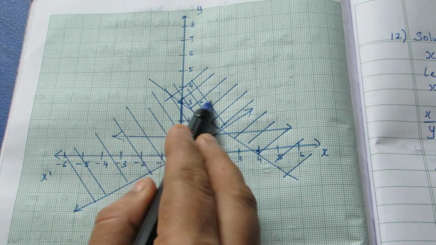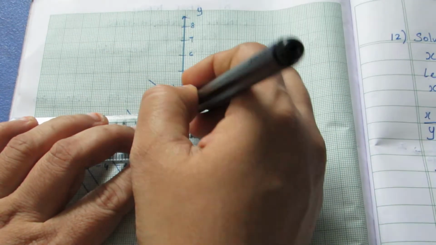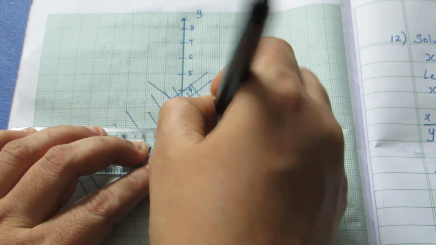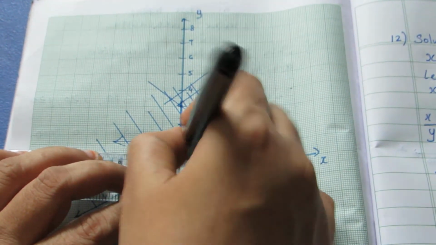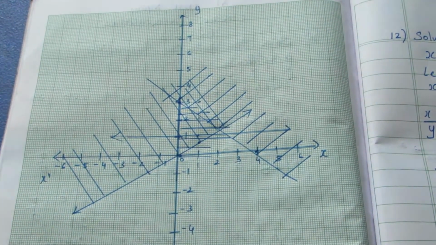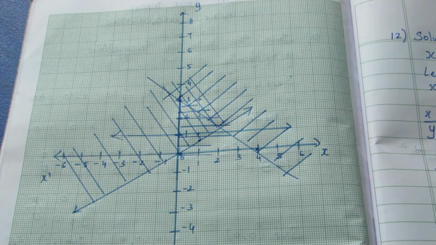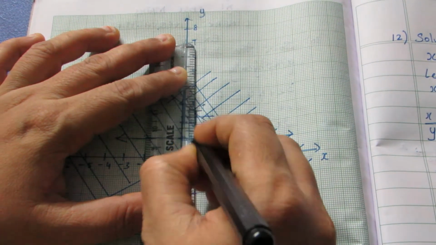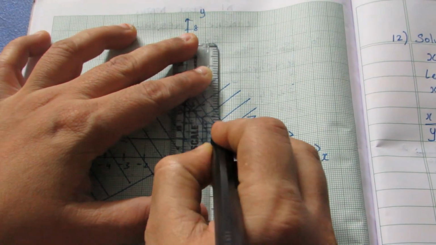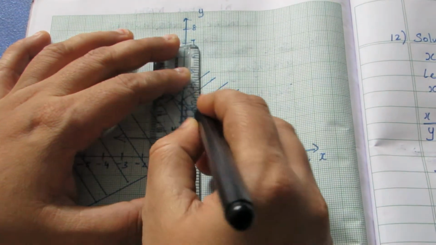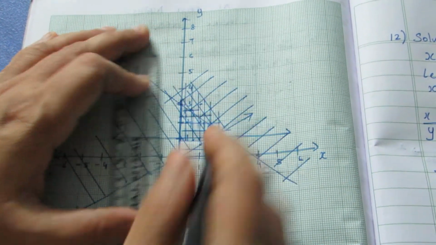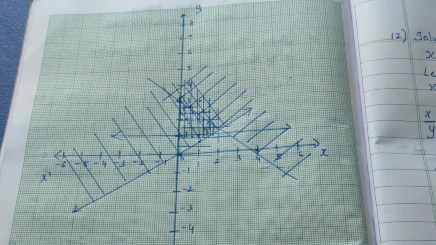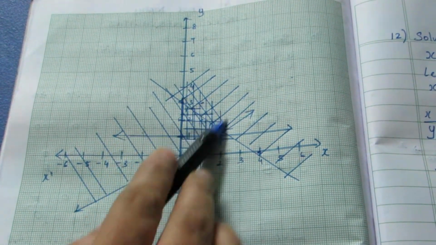For the third one, the region is towards the y-axis. And for the fourth one, this is a line, so it is towards here. The common region shows the solution for the inequalities.